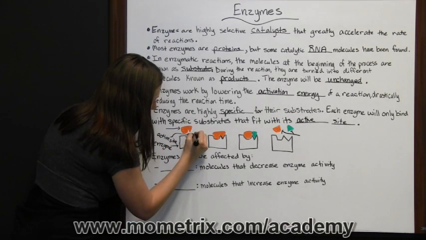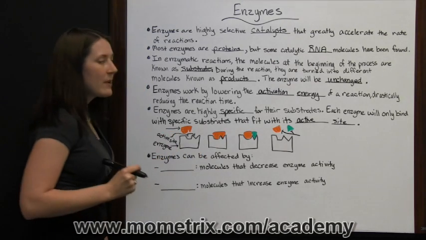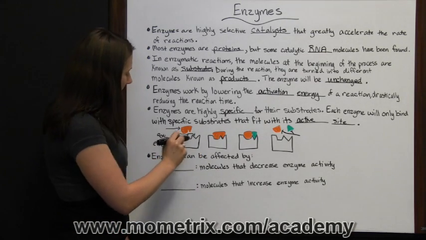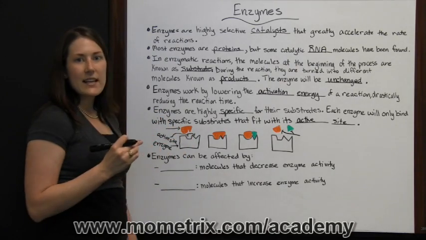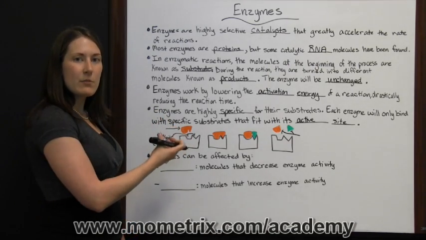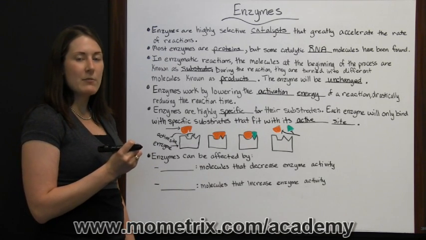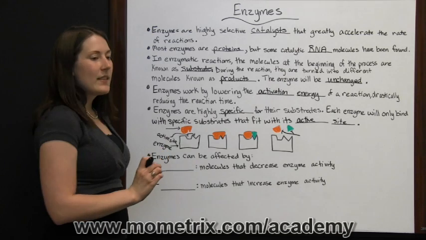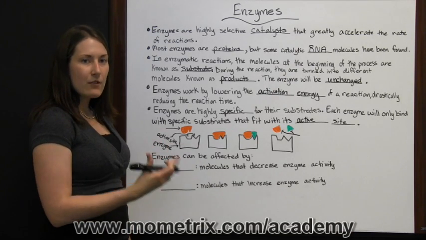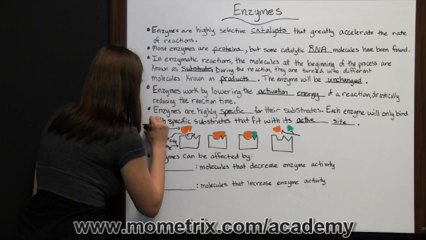So both here and here, this open area in the overall shape of the enzyme is the active site, and each enzyme has an active site, and only substrates with a similar shape that would be able to fit in there and bind without the enzyme changing shape too much will be able to fit with that enzyme and complete a reaction.